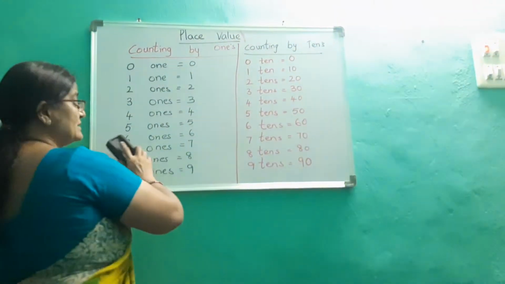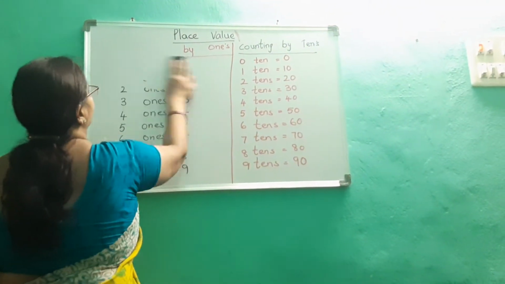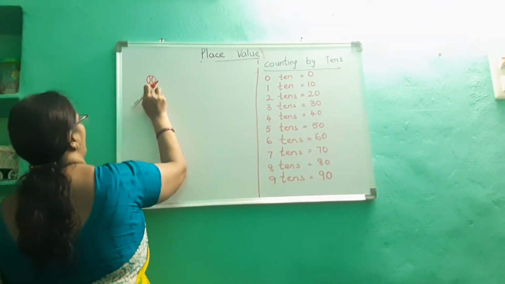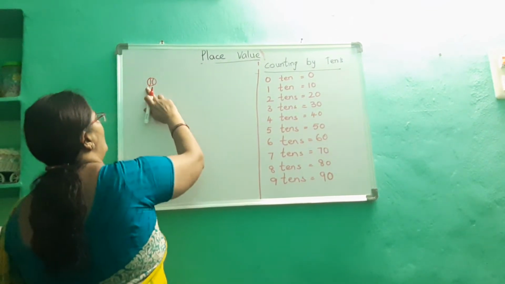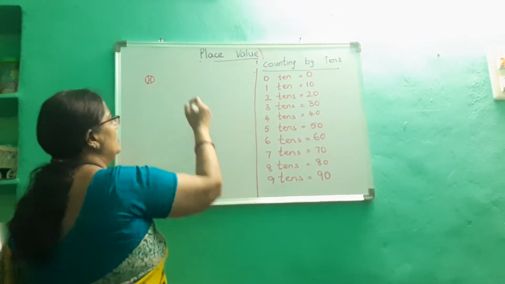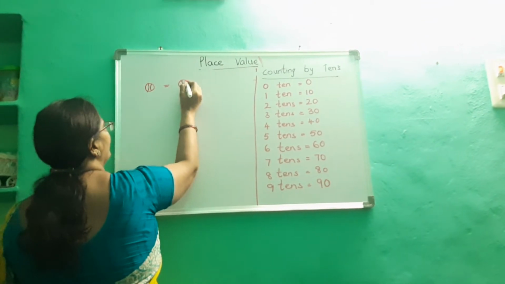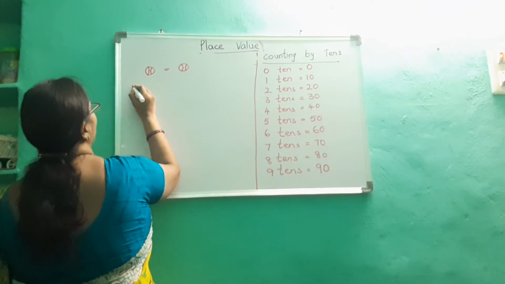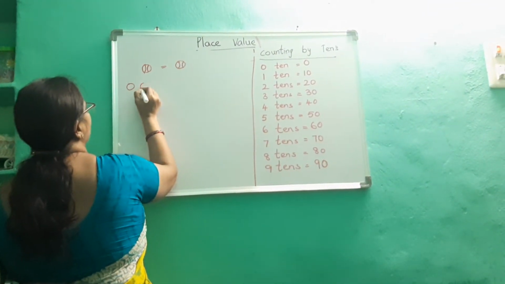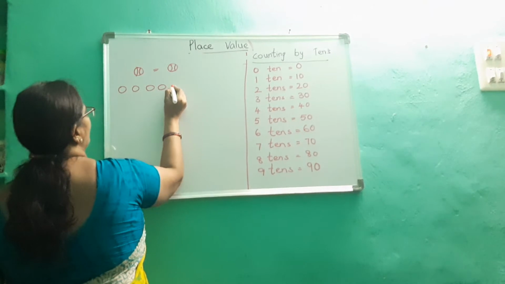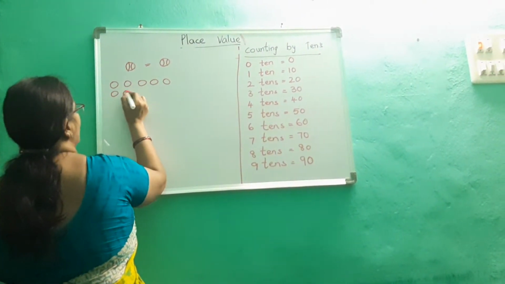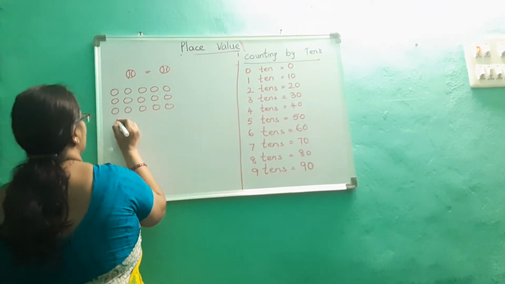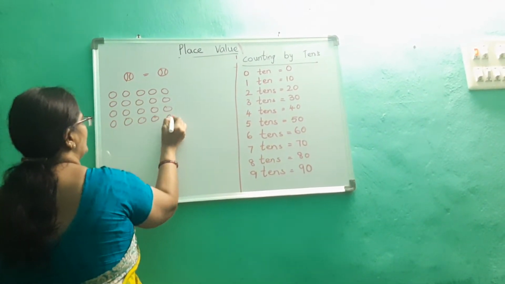Now after writing this, see here children, I am drawing a ball here. So, one ball is equals to one ball only, isn't it? Now, here I am drawing 1, 2, 3, 4, 5, 6, 7, 8, 9, 10, 11, 12, 13, 14, 15, 16, 17, 18, 19, 20.